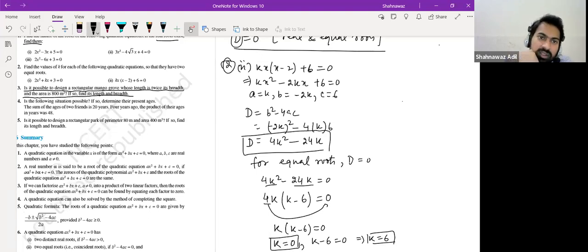In the first part of those questions, we found out the nature of the roots, so here we have to find that only. If the roots are real, then it would be possible to design the rectangular mango grove. If the roots are not real, then it would be impossible. Right, guys? So this was the idea for this question.